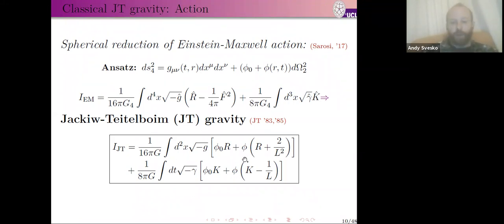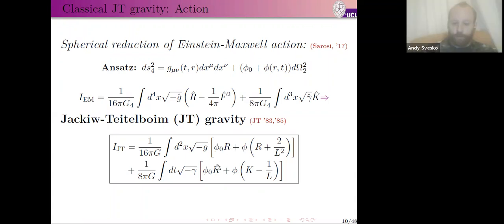So this is the classical gravity action in 2D, which is a non-minimally coupled gravity-dilaton theory. Okay, so with this action, we want to study its classical solutions first, and then we're going to include semi-classical effects.